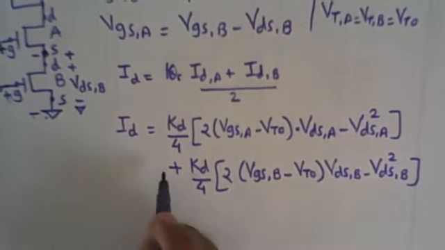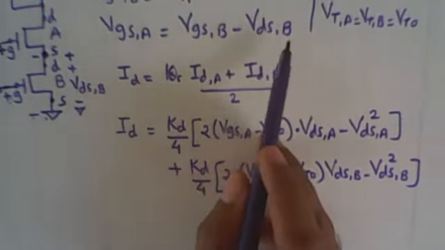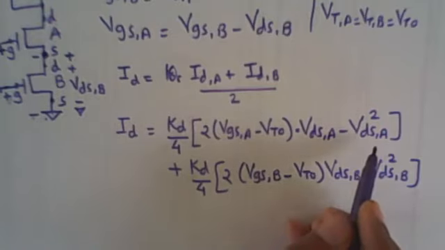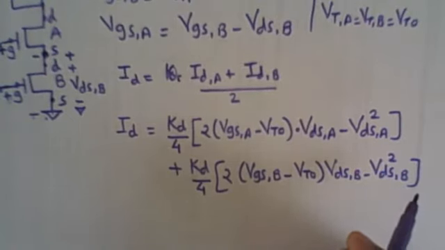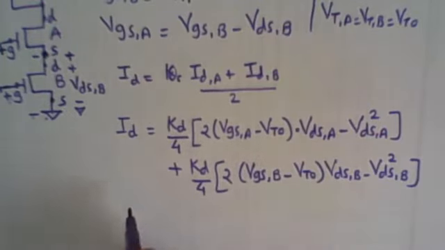Right? So now we can substitute the value of VGS of A. It is the VGS of B minus VDS, and the VDS of A is equal to the VDS and VDS of B. Let me keep it as it is. So let's simplify it.